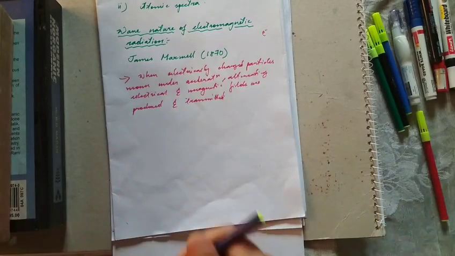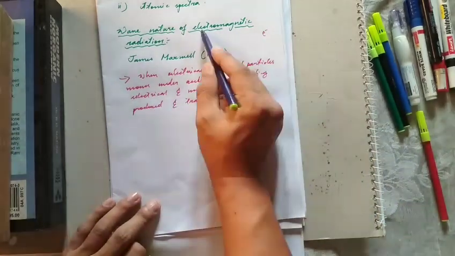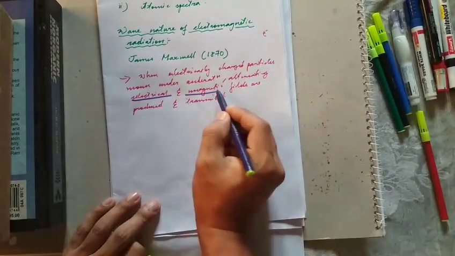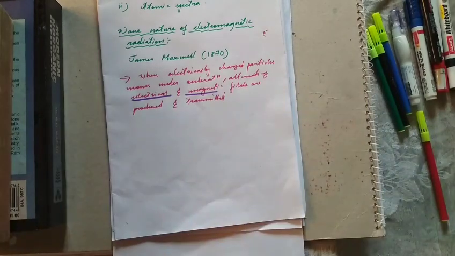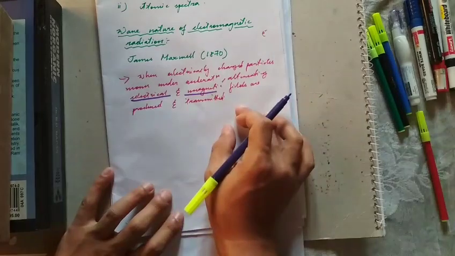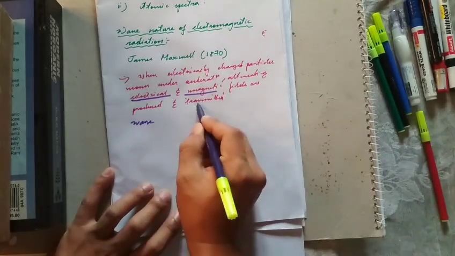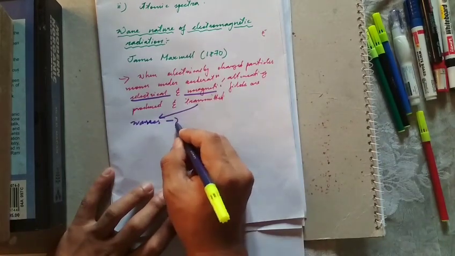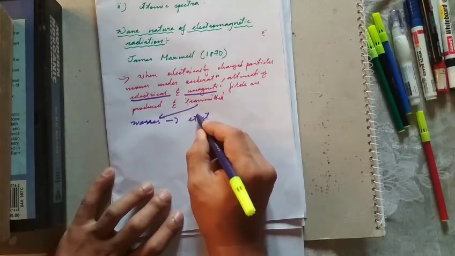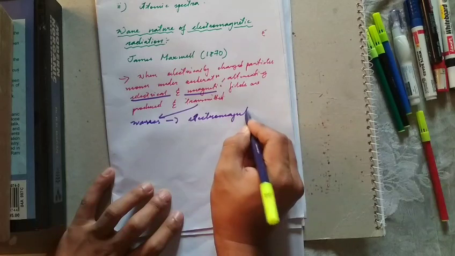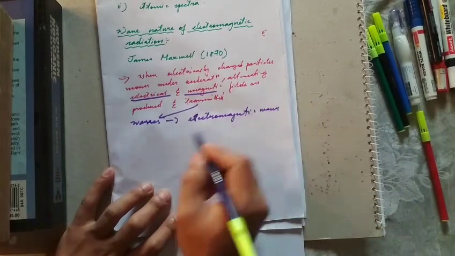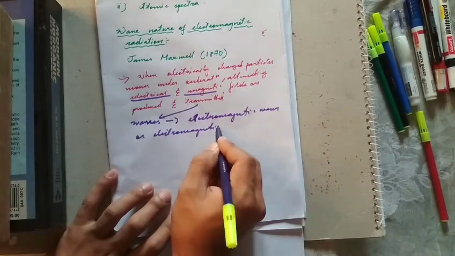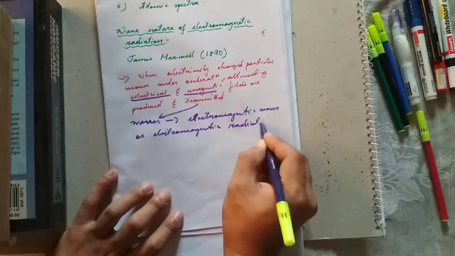So these fields, electric and magnetic, are transmitted in the form of waves, and we call this wave electromagnetic waves or electromagnetic radiation.